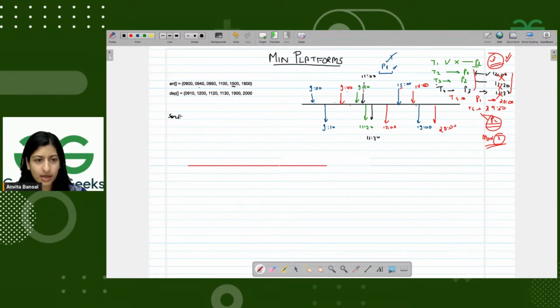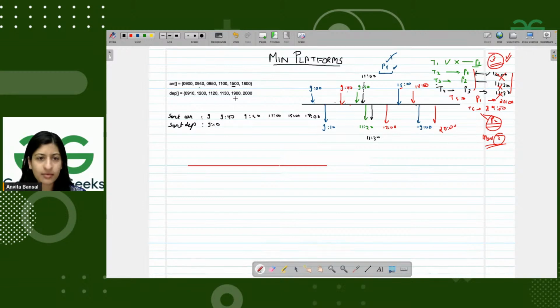Sort arr, the arrival times of trains, and sort the departure times of these trains. Why? So you will understand. Arrival is going to give me 9:00, 9:40, 9:50, 11:00, 11:00, 15:00, and 18:00, right? Departure time is going to give me, first it is 9:10.